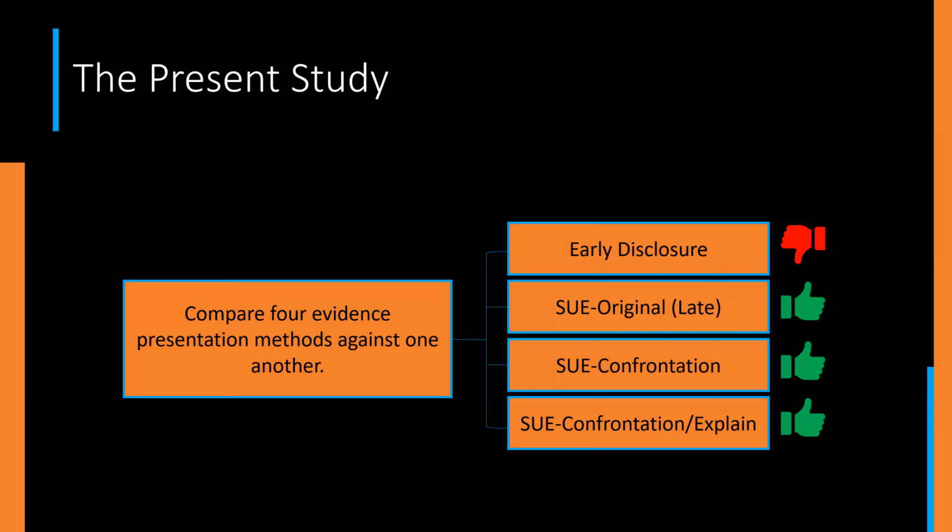But this time, if the interviewee makes a statement evidence inconsistency, the interrogator will ask the interviewee to explain why they were being inconsistent with the evidence. And we hypothesize that any variation of the SU technique would outperform early disclosure in terms of the accuracy of observers' culpability judgments of interviewees in the interrogations that they were watching.